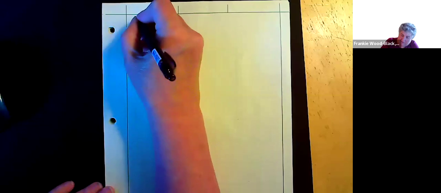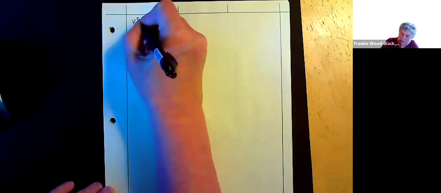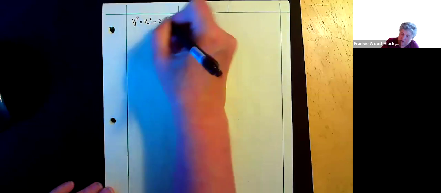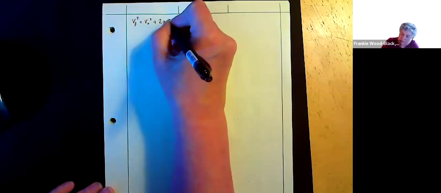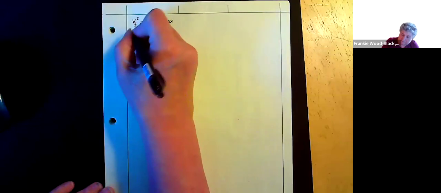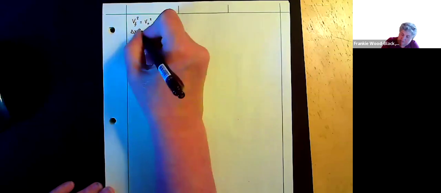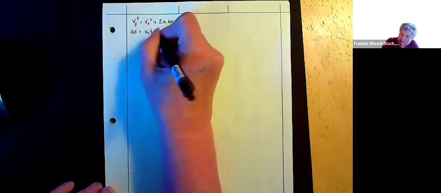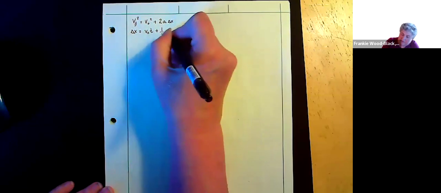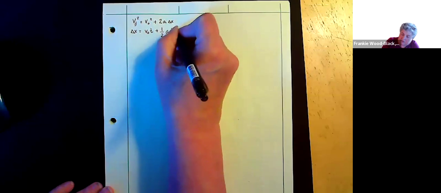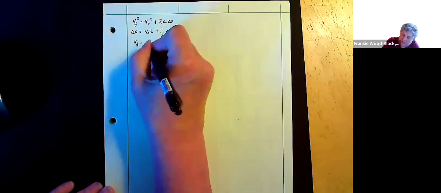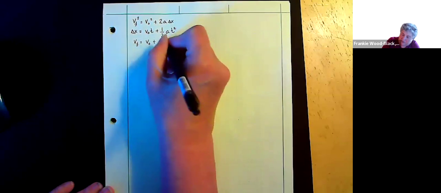V final squared is equal to V initial squared plus 2 times my acceleration times my change in position. My change in position is equal to V naught times T plus 1/2 acceleration times time squared. And then V final is equal to V initial plus my acceleration times time.